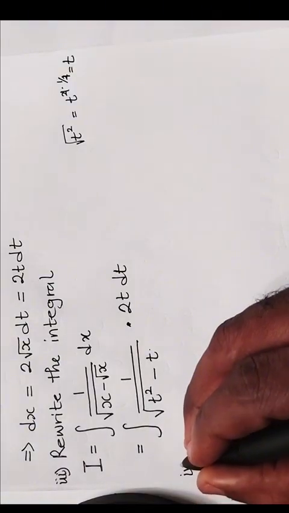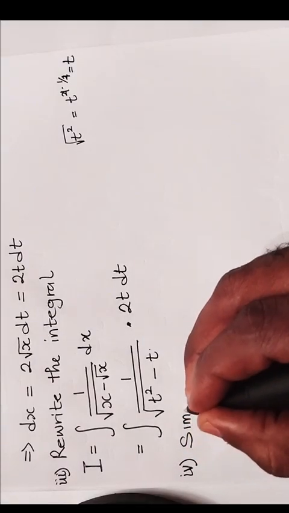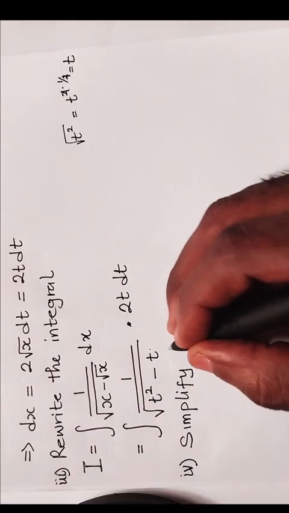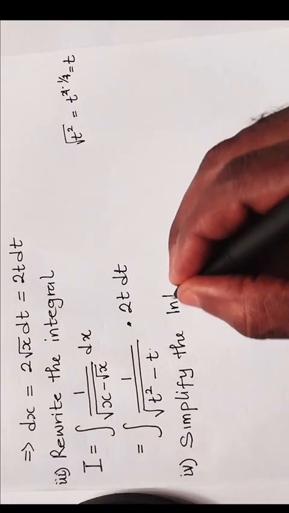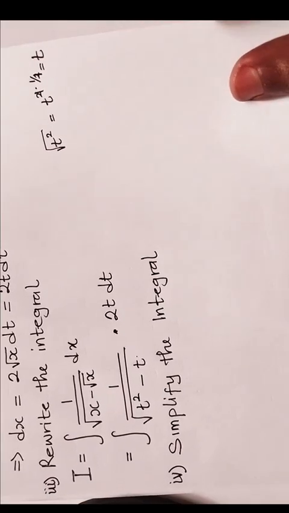So the fourth thing we have to do, like I said, we'll take it gradually. We say simplify the integral.